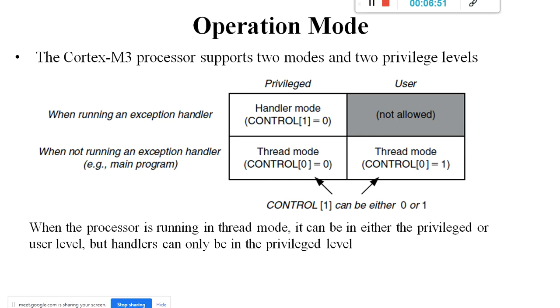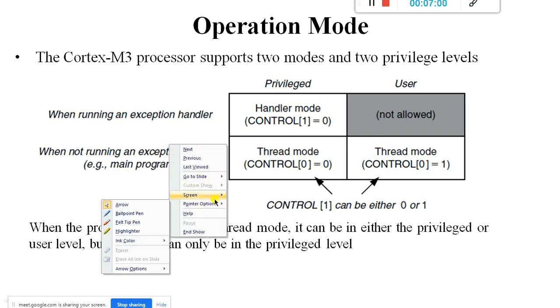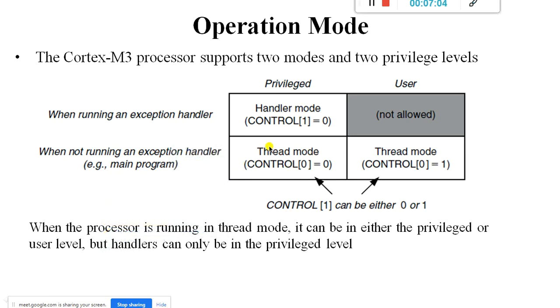One is handler mode and the other is thread mode. What do you mean by thread mode? Thread mode is nothing but the user defined code; you can assume it to be a part of a C program.